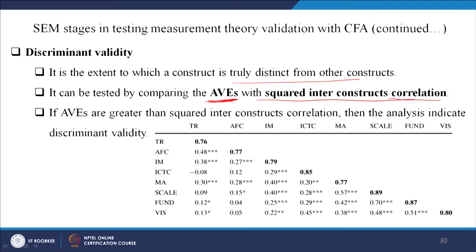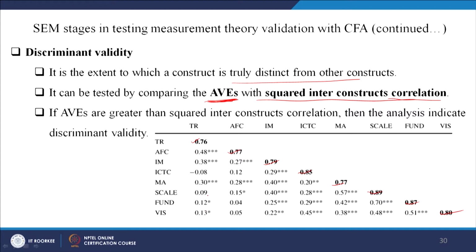Now, this is the table, for example. What you do is, all the AVE that has been calculated is kept in the diagonals. So, you have calculated the AVE for each construct, now keep it in the diagonal, and all the correlations between the constructs are kept here.